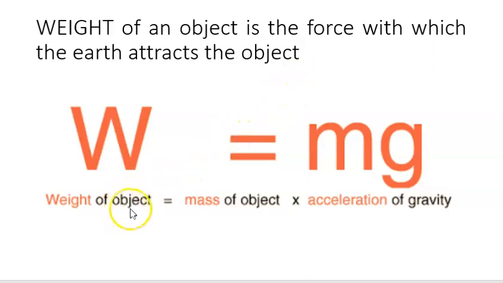The weight of the object is equal to the mass of the object into acceleration due to gravity. So mathematically, W is equal to mg.